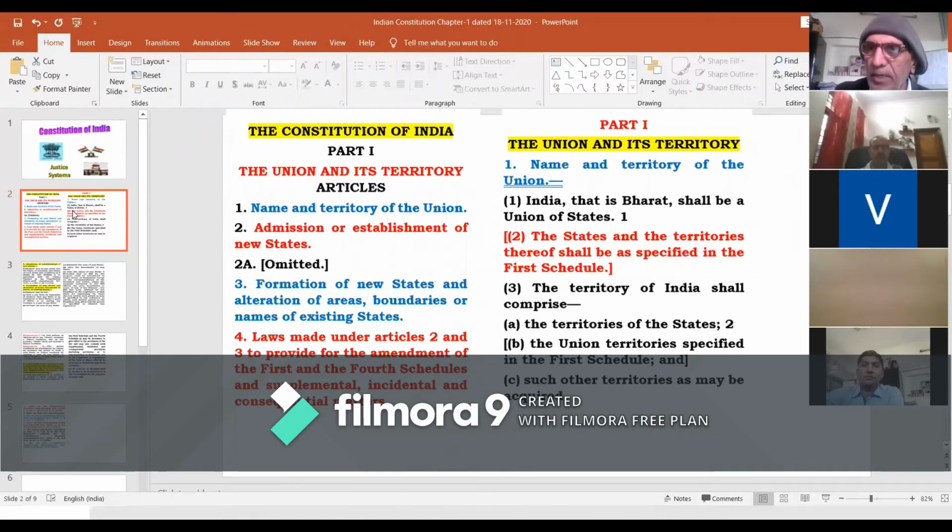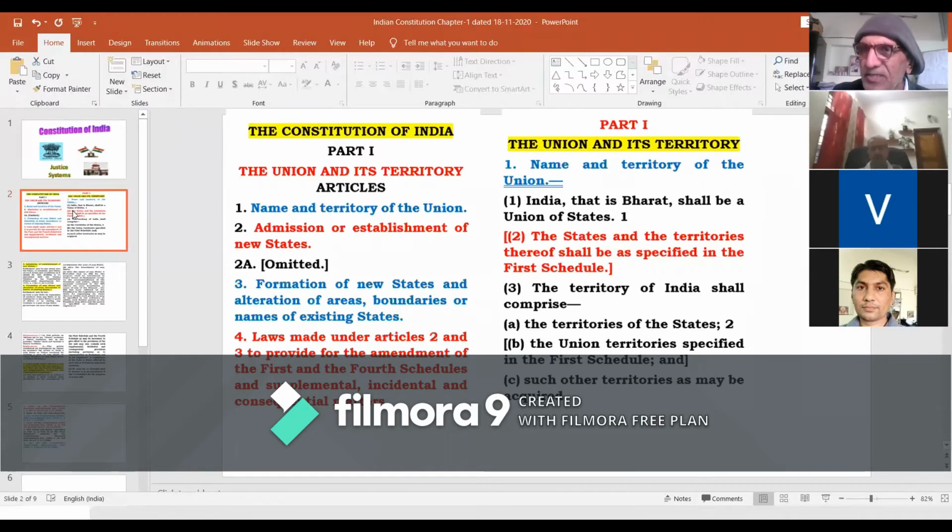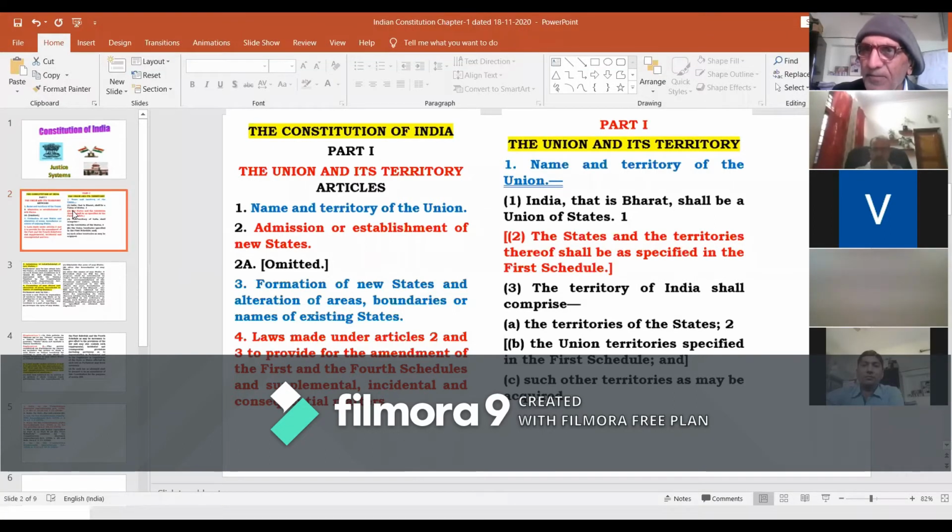Now, India is the historically accepted name, and Bharat is also an ancient name of the country. Here it has been made specific that what we know as India in our recent past history is Bharat. So constitutionally the official name is India, and it is called that is Bharat.